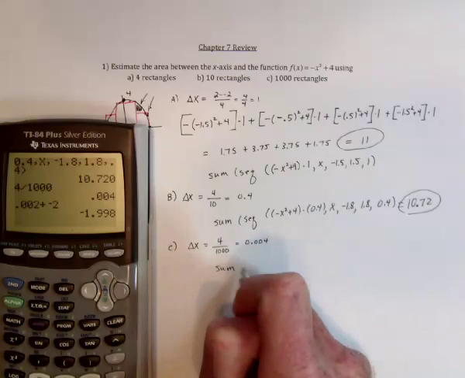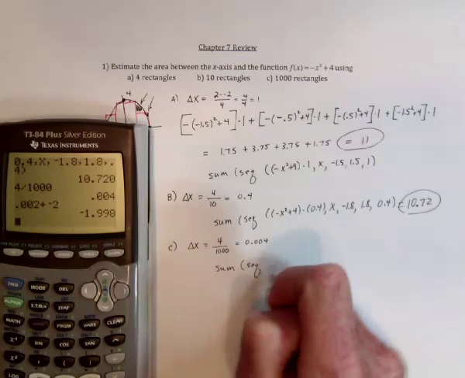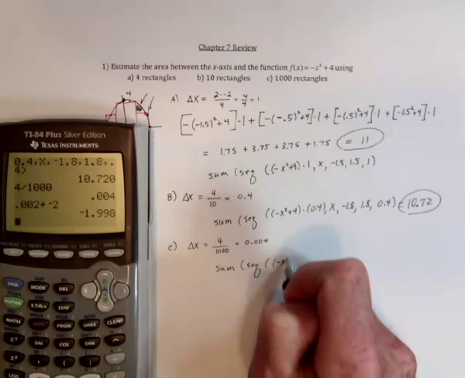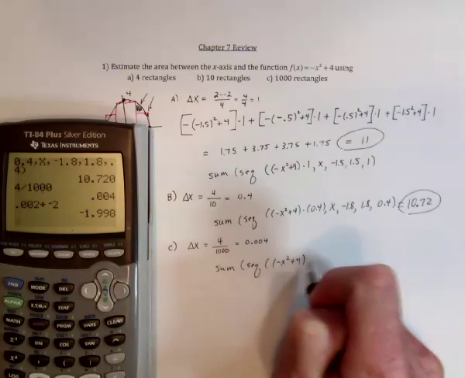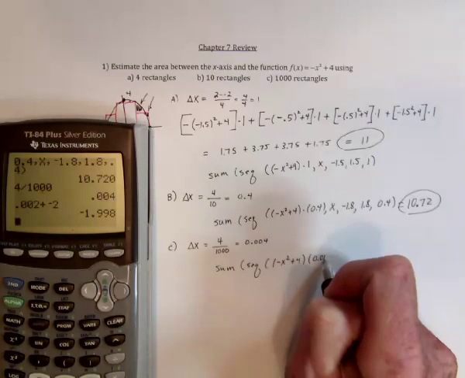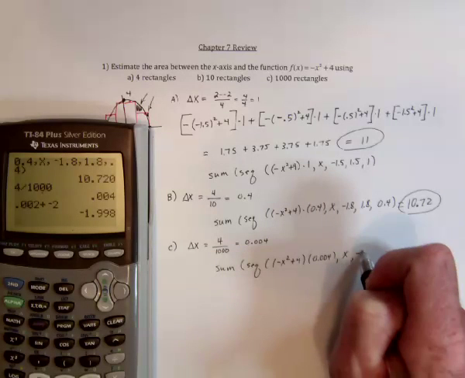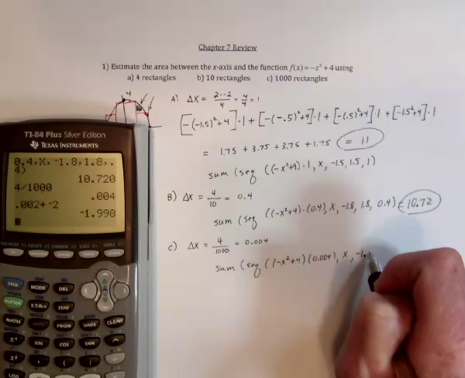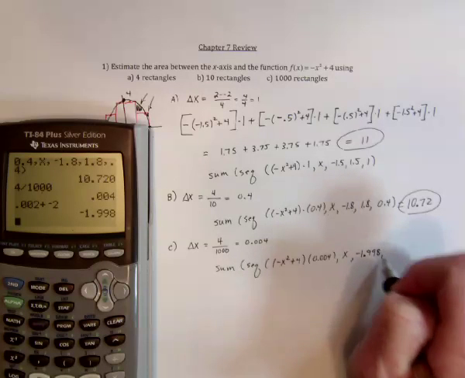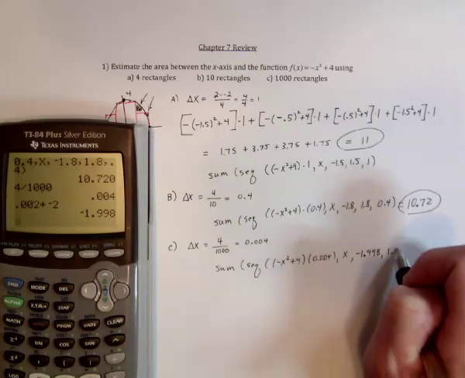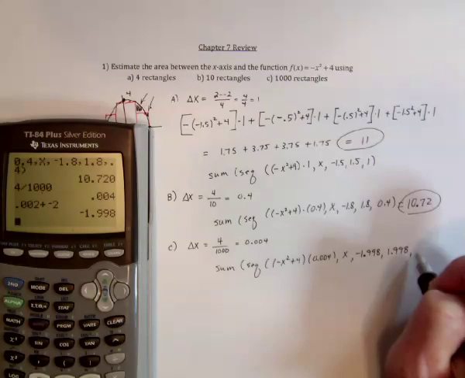So we've got sum the sequence. Here's the height of each rectangle. Here's the width of each rectangle. And x is going to go from negative 1.998 to, by symmetry, positive 1.998.